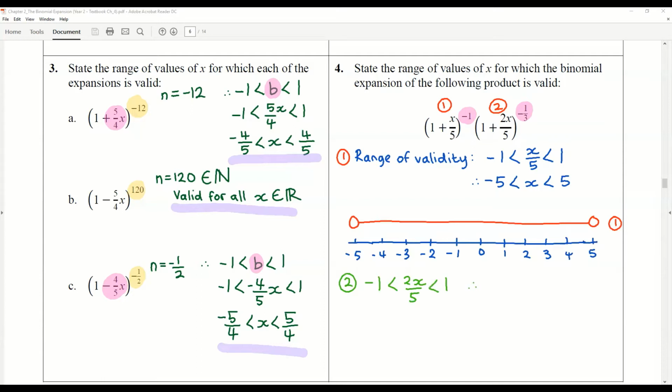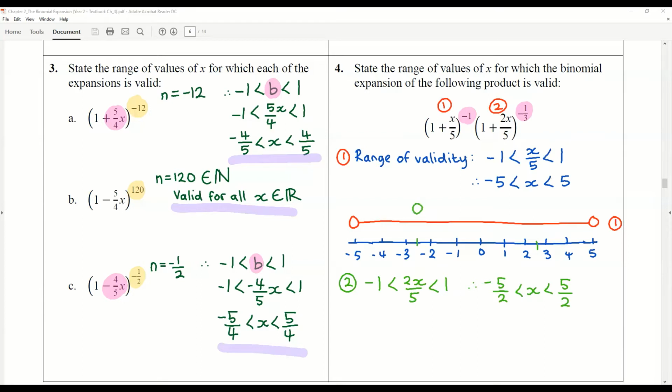Therefore, I've got to multiply by 5 and divide by 2. So that's going to be -5/2 and 5/2. All right. Now, this is going to be different. So the range of validity for this is 5/2. So that's 2.5 and -2.5 respectively.